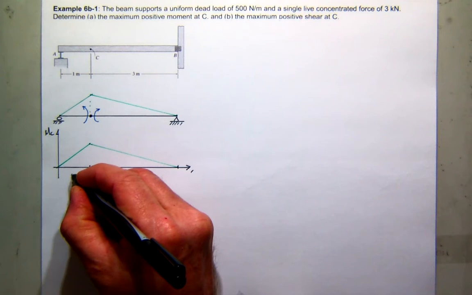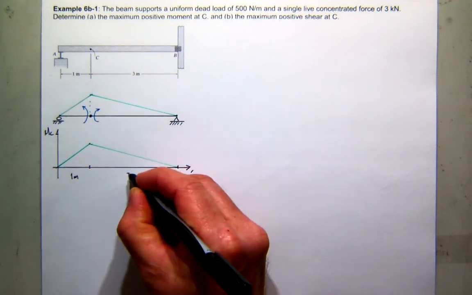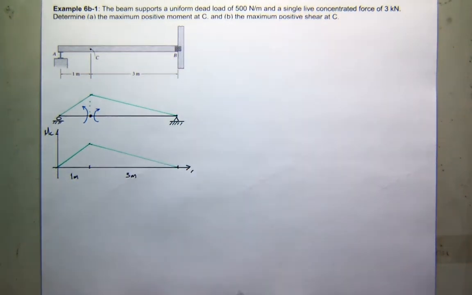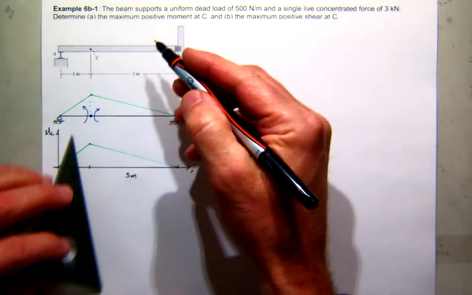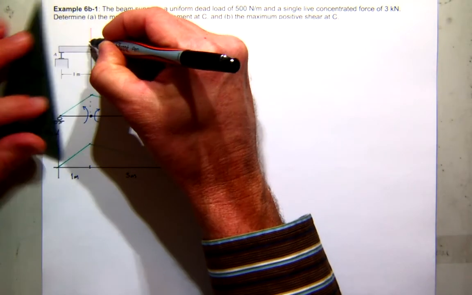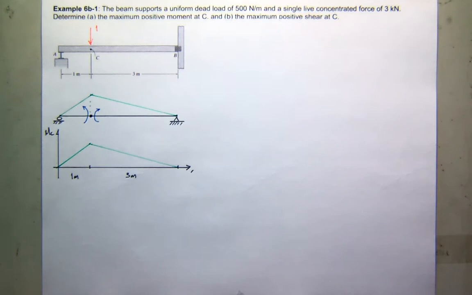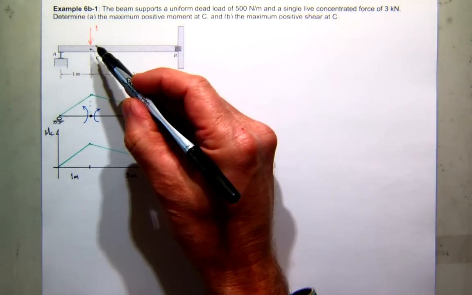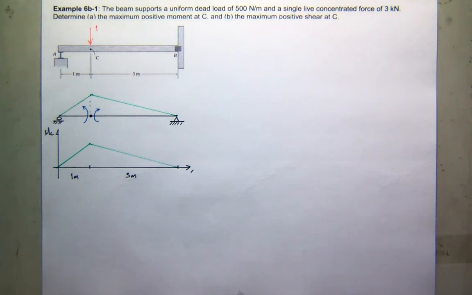Let me go ahead and write in that this was 1 meter and this was 3 meters. So if I go back up to my problem, that value corresponds to my unit load being right at C. So all I have to find now is the moment at C due to that load. And that's not a hard problem to do.